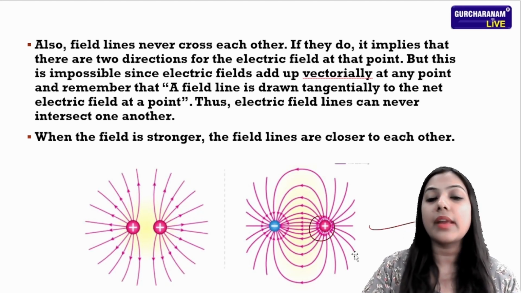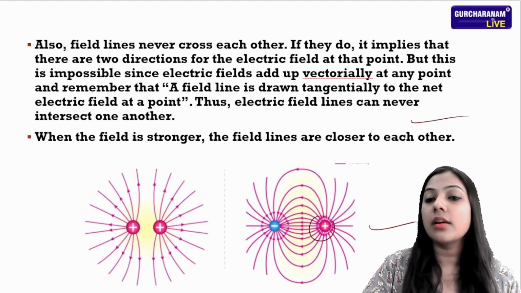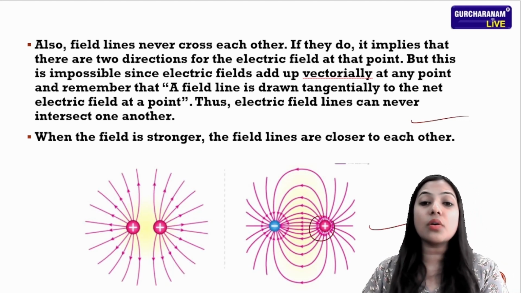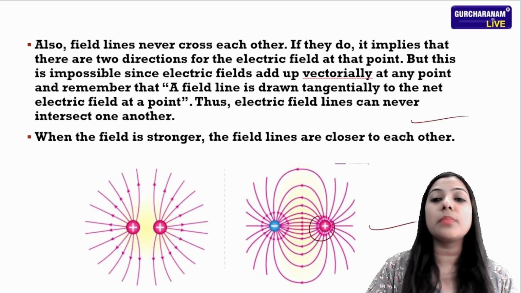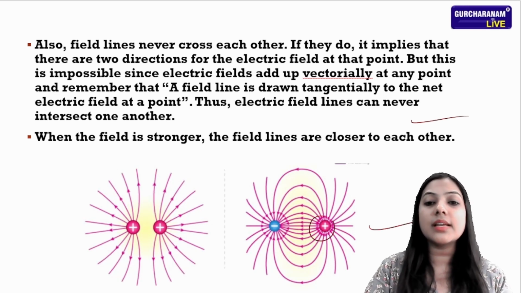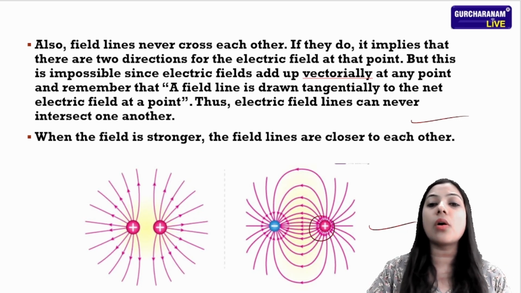I'm clearing this point. Electric field lines never cross each other. If they do, it implies that there are two different directions of electric field at that point. But this is impossible since electric fields add up vectorially at any point. Remember that a field line is drawn tangentially.